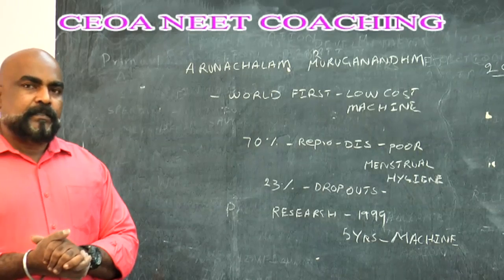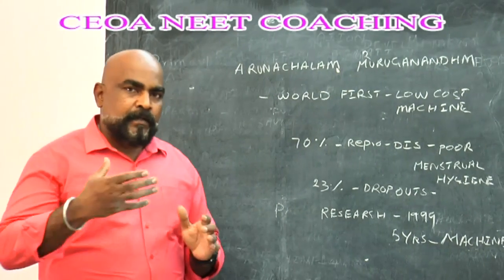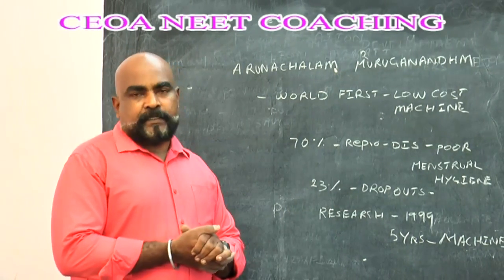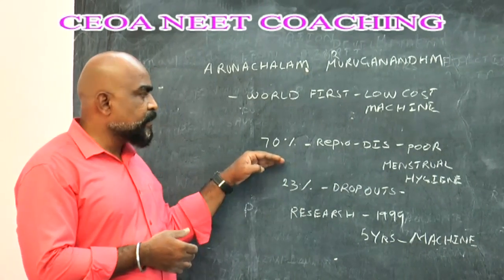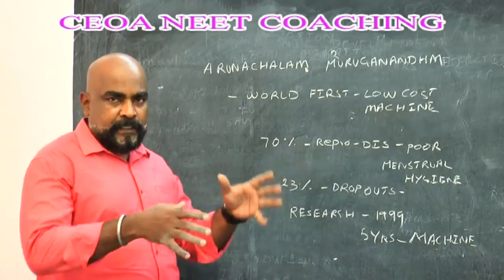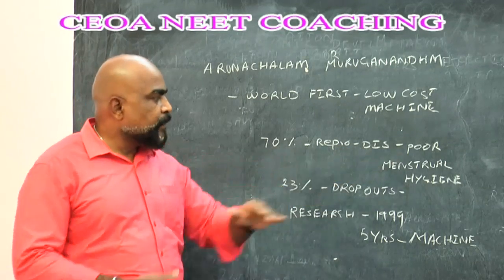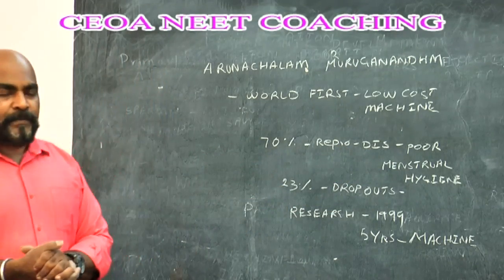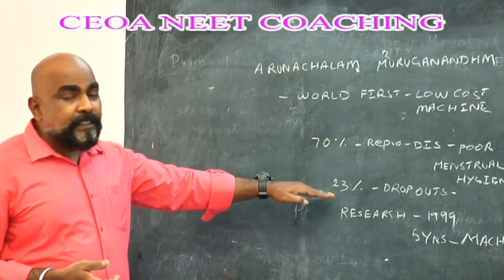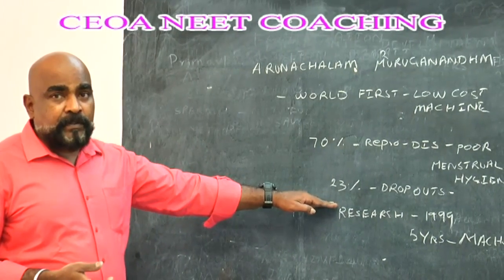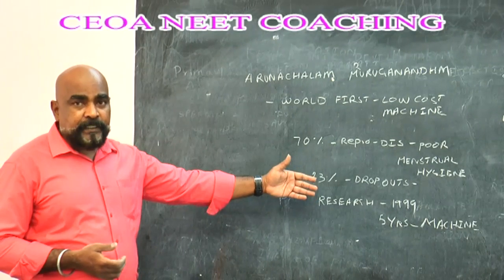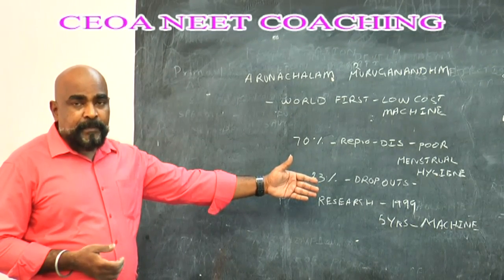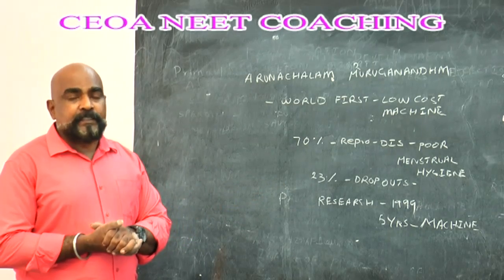He was motivated, in fact driven, by the fact that 70% of reproductive diseases in India happen because of poor menstrual hygiene, and 23% of girls, after attaining puberty, drop out of school.